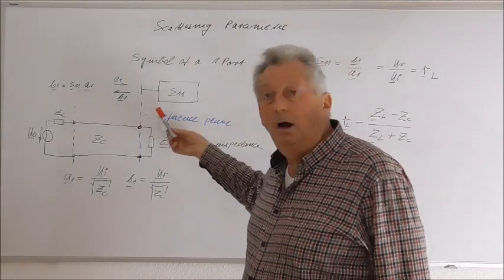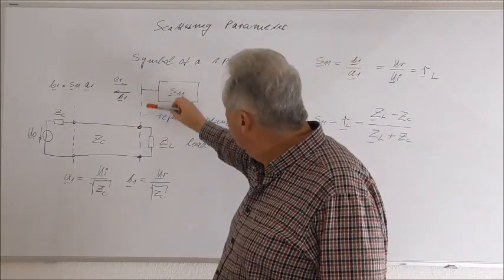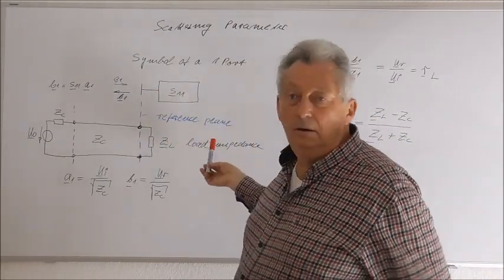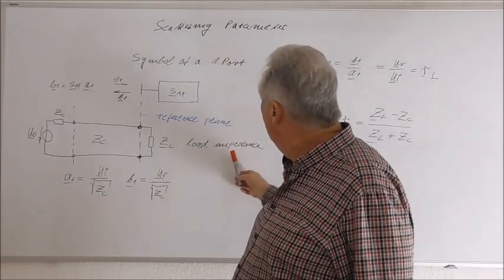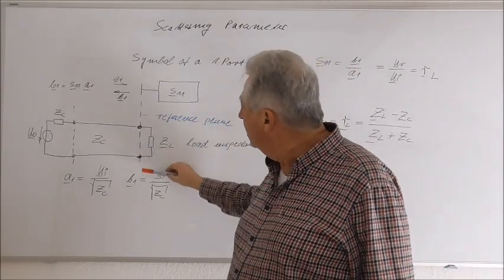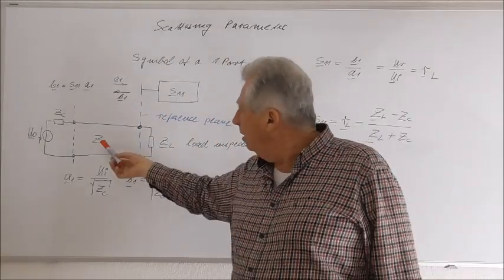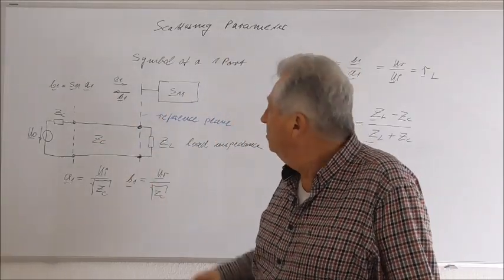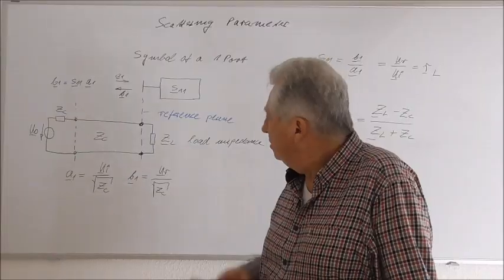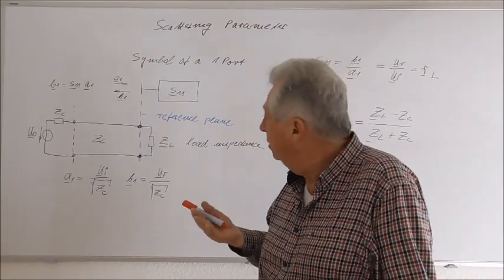In a transmission line model, the one-port is essentially a load impedance which terminates a certain transmission line. And here our transmission line is described by the parameter ZC, its characteristic impedance.